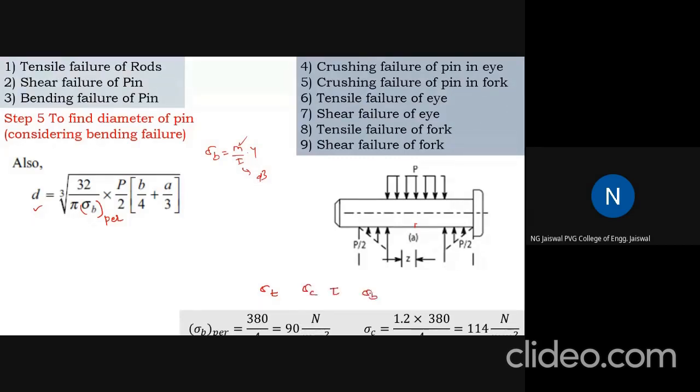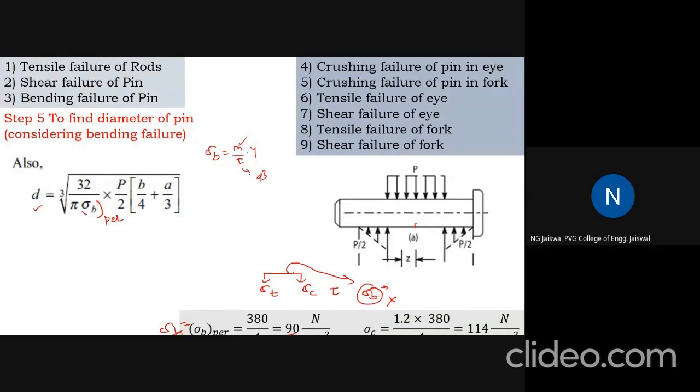But there is no sigma B anywhere, because sigma B is not anything different from sigma T and sigma C. Therefore, if you have two values of sigma T and sigma C, you take the smaller value and equate this to sigma B. The minimum of these two values is the permissible value of bending stress, because bending is nothing but a combination of tension and compression.